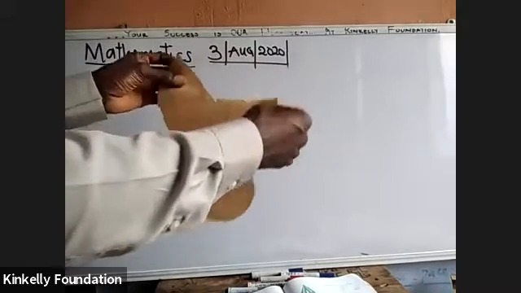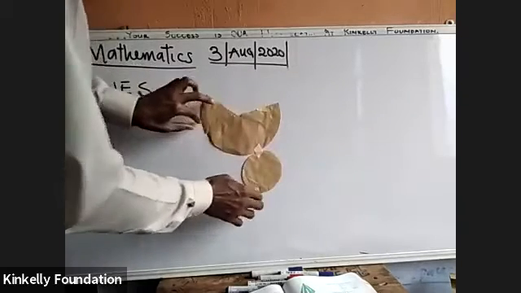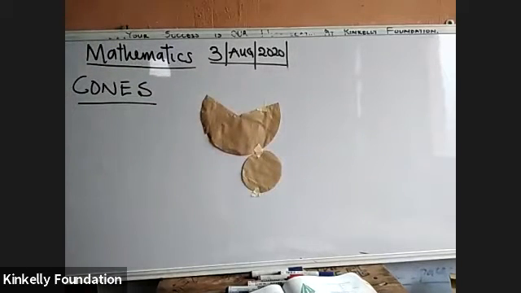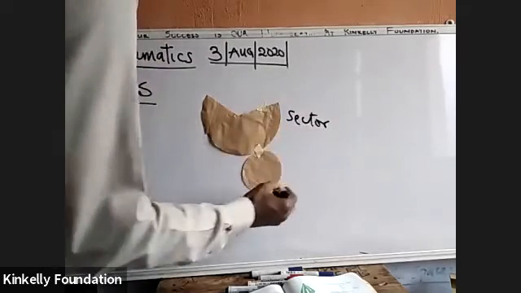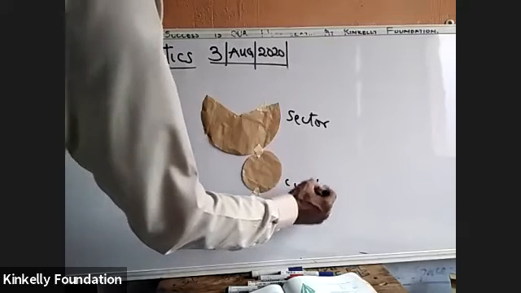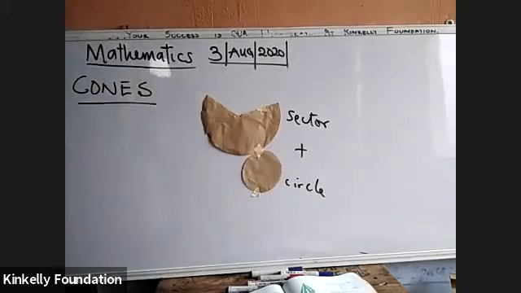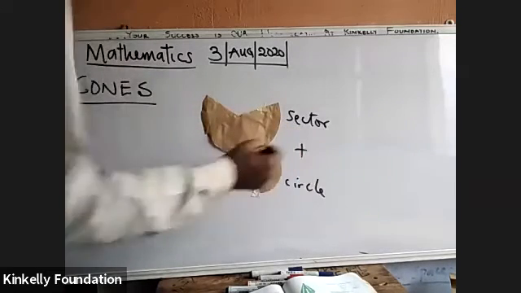is this. Now, assuming that these are the things we have for a cone, what are these things? A cone is made up of a sector and what? A circle. The net of a cone is a sector and a circle.